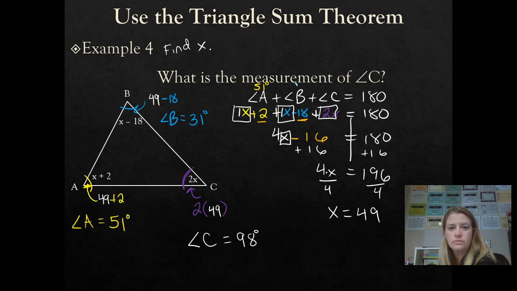Angle B was 31 degrees. And angle C was 98 degrees, right here, 98 degrees. So when I add them up and set them equal to 180, you just plug them into the calculator, and then we check. It does actually add up to 180 degrees.